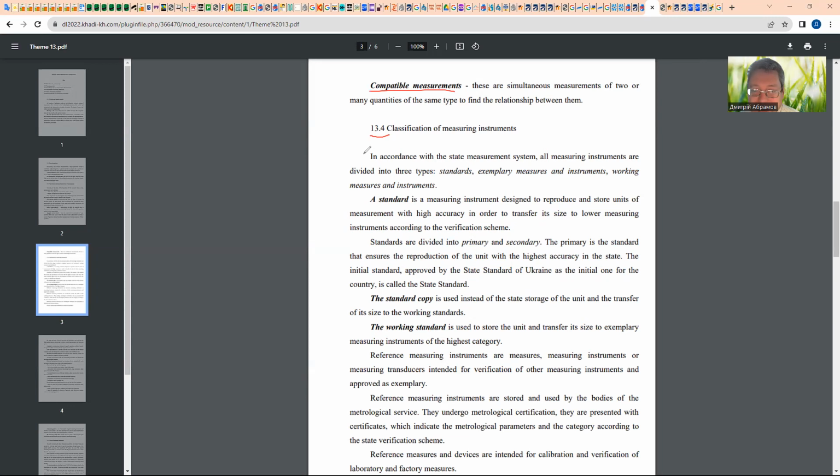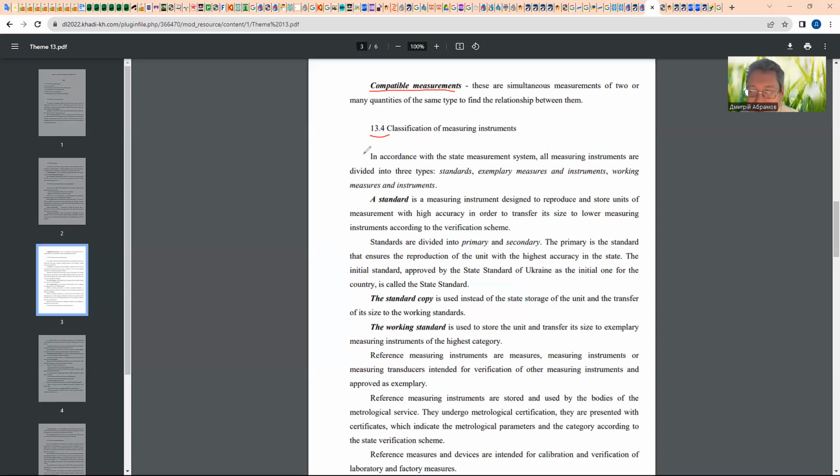A standard is a measuring instrument designed to reproduce and store units of measurement with high accuracy in order to transfer its size to lower measuring instruments according to the verification scheme. Standards are divided into primary and secondary.